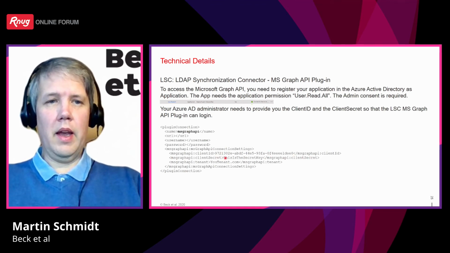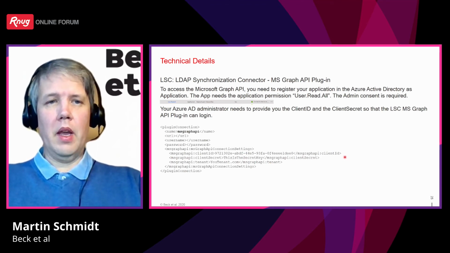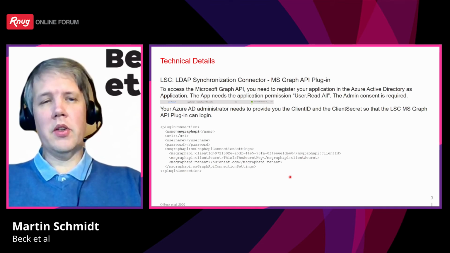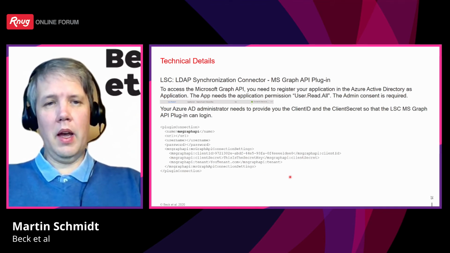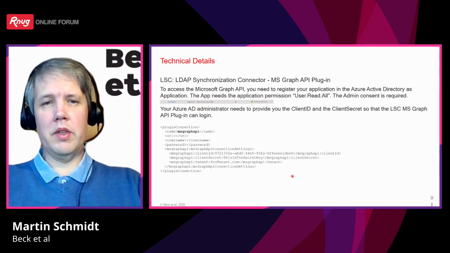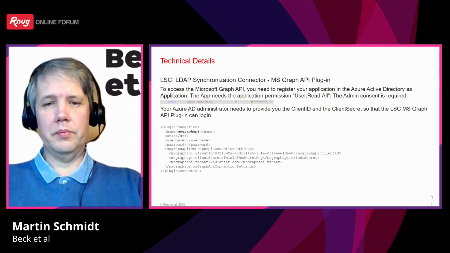You have to add the secret you receive, and you have to specify your tenant name. Usually it's company.com, company.ru or something. Your Azure Active Directory admin could tell. And with this information, the application can log in to the MS Graph API and retrieve the content, the data.